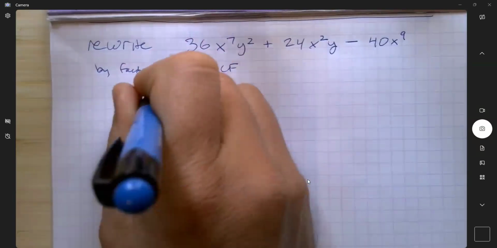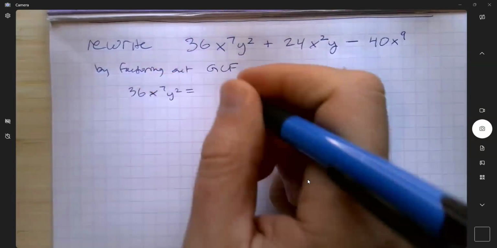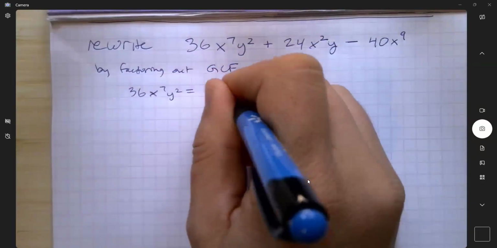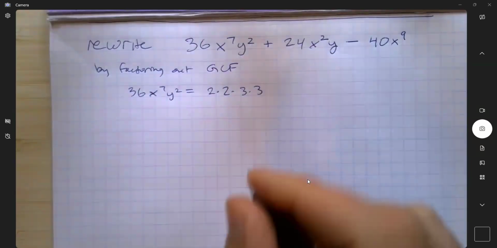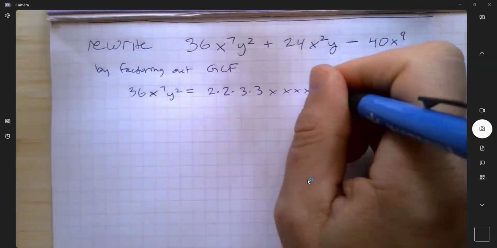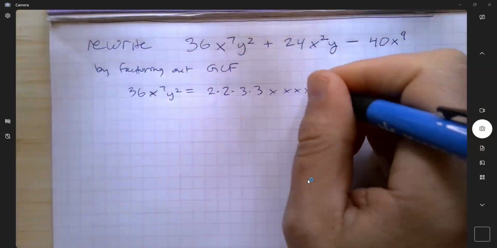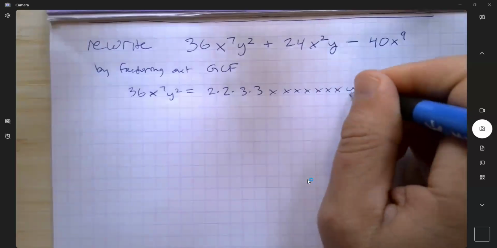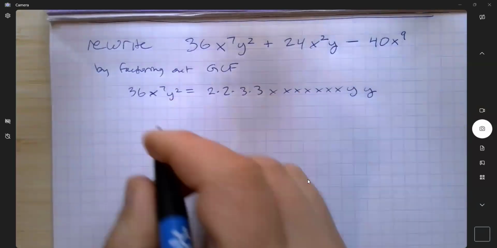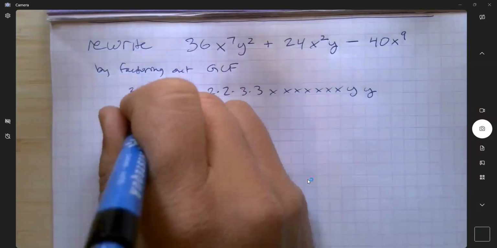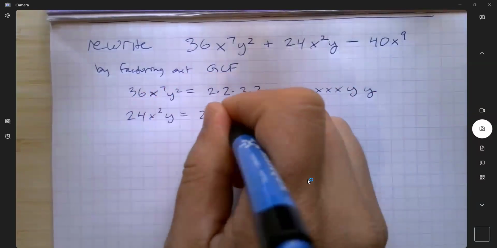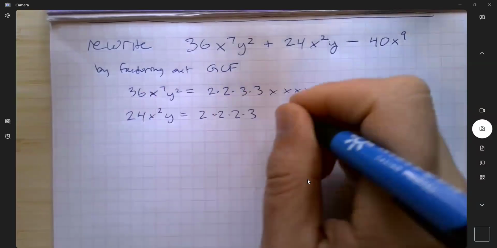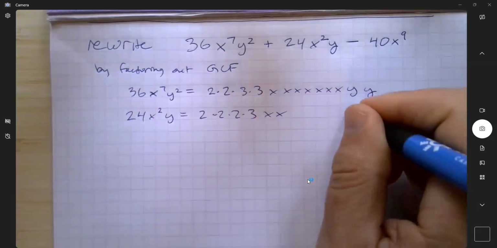36x to the 7th y squared is 2 times 2 times 3 times 3, and you can work through that if you want to. And then 7 x's, 1, 2, 3, 4, 5, 6, 7, and 2 y's. 24x squared y is 2 times 2 times 2 times 3, and then 2 x's and a y.